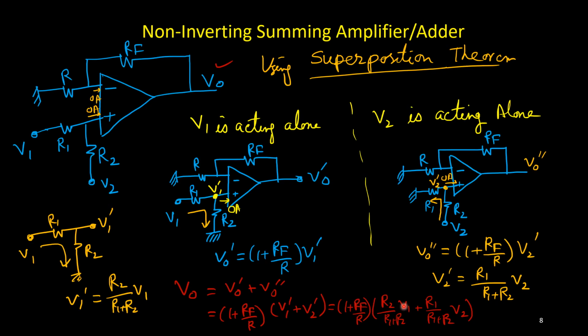If both inputs V1 and V2 are positive, the output is also going to be positive. It's not inverted, it's non-inverting. Now we can make R1 and R2 all the same, and in that case you can find certain values. So this is your non-inverting summing amplifier.